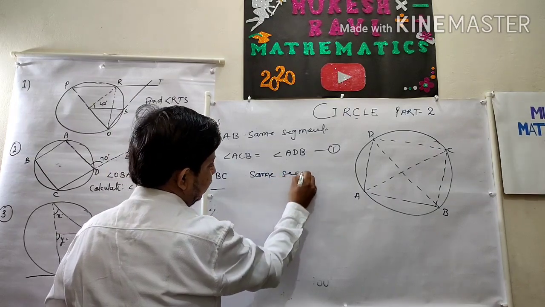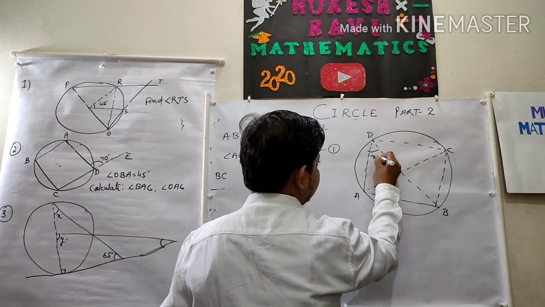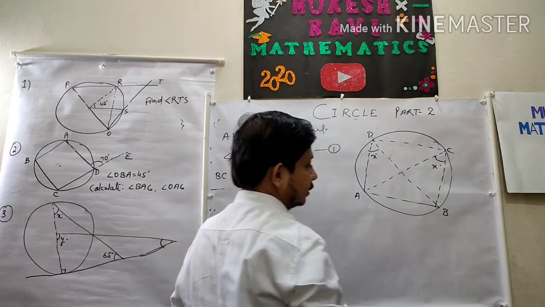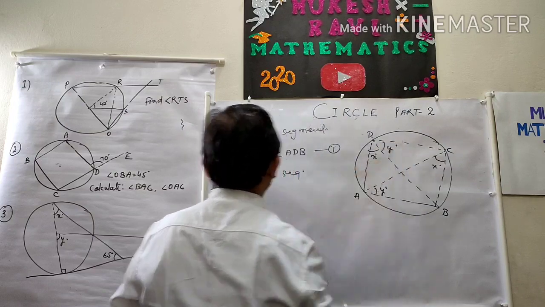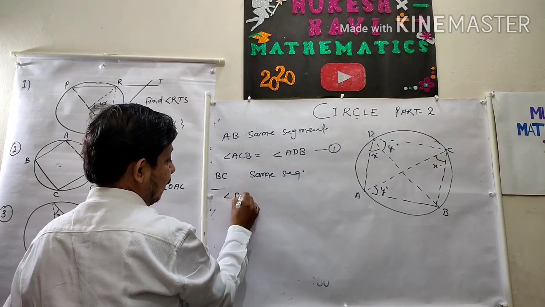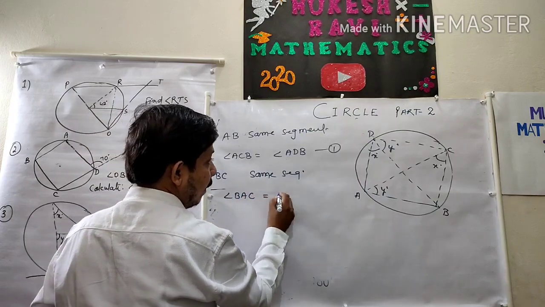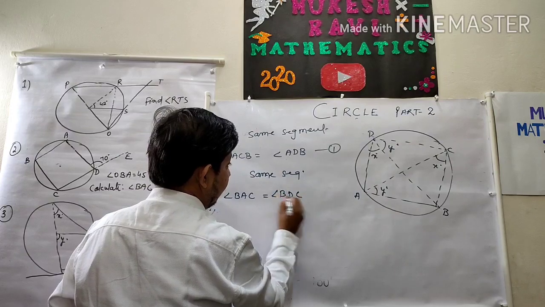Please be careful here in this line. I'm writing this is X. You don't have any confusion, this is X. BC is the same segment, this is Y and this is Y. So we will write here BAC is equal to BDC.